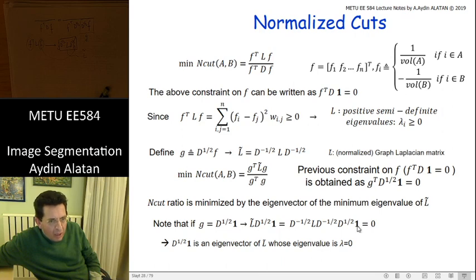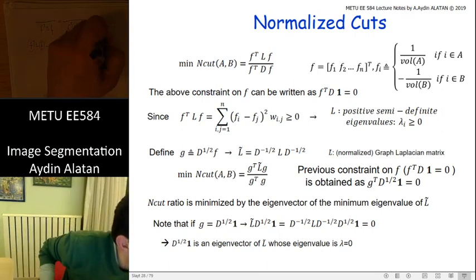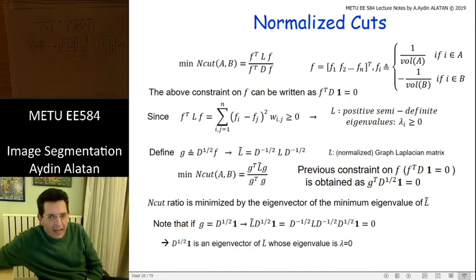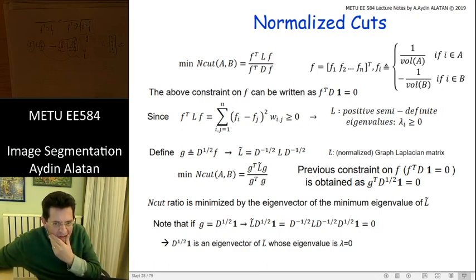L times 1, one can easily show that. I really recommend you try it. If you just multiply by 1, that is exactly equal to 0, by the way. Therefore, that is equal to 0. Therefore, what I'm seeing is this. That's equal to 0.